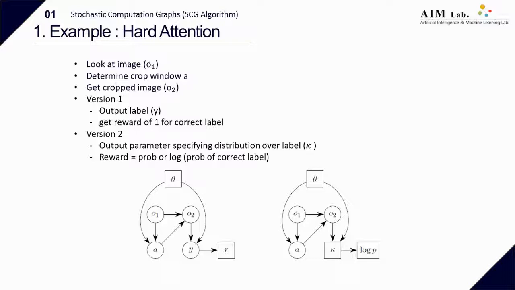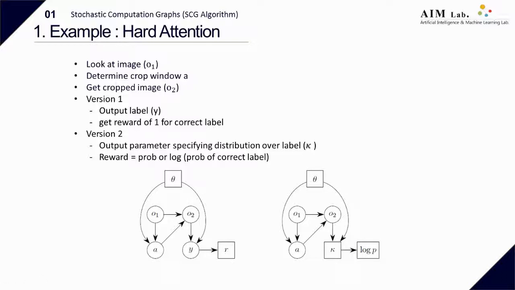We want to learn parameters. Those parameters not only determine your choice of window A, which uses the second observation.